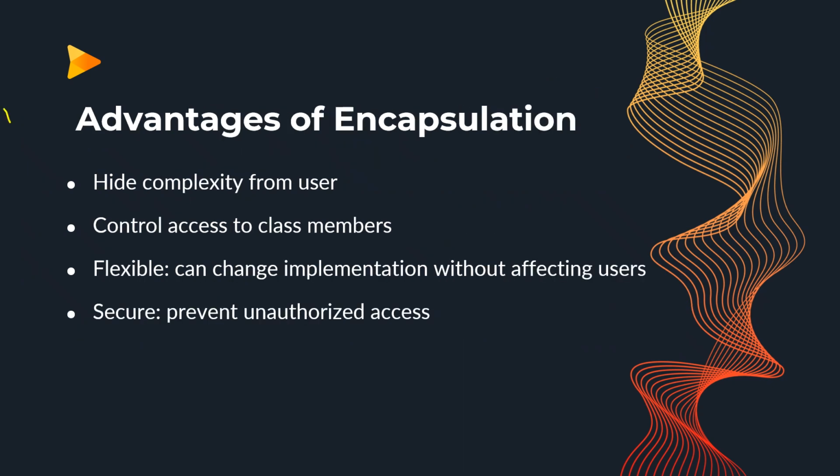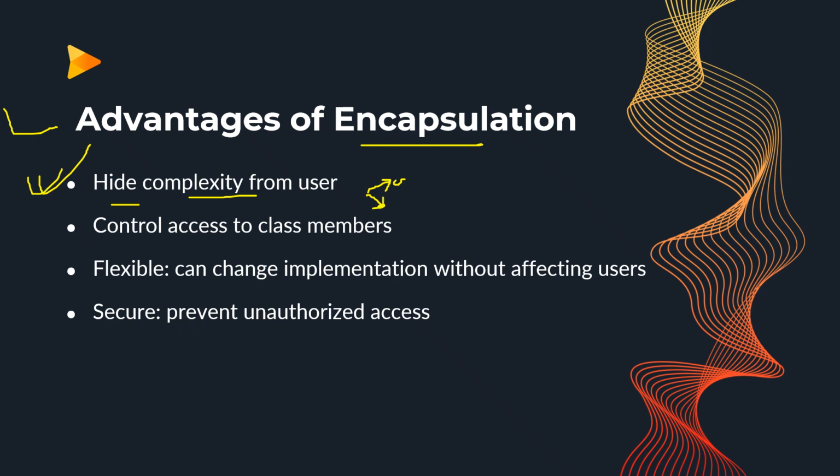Now what are the advantages of encapsulation? We are going to see the advantages. The first important advantage is that it hides complexity from the user. It only tells what to do, and doesn't share the complexity of our program.